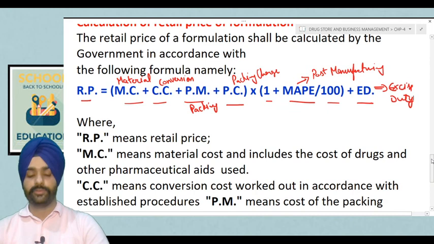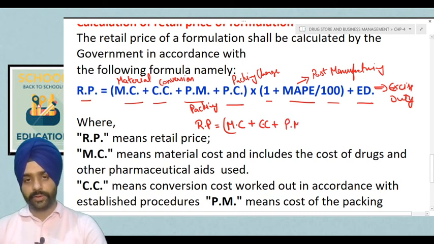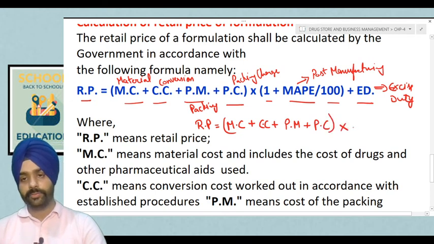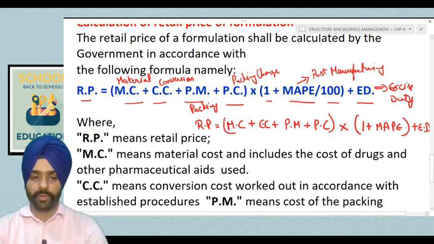Just remember this formula. I once again write RP, retail price, is equal to material cost plus conversion cost plus packing material cost plus packing charges, multiplied by 1 plus maximum allowable post manufacturing expenses, and to all this excise duty is added if it is an imported formulation.